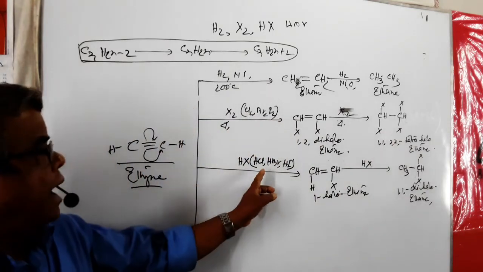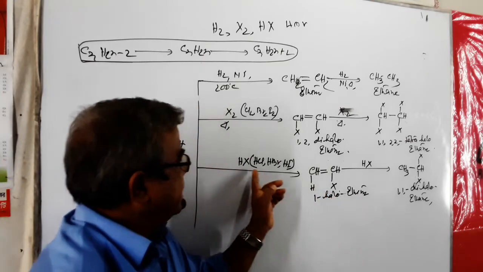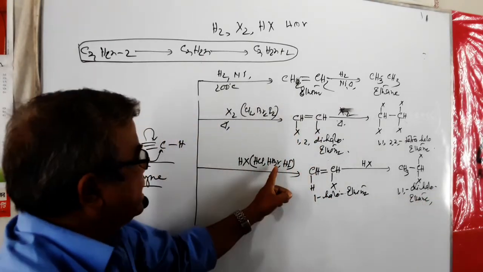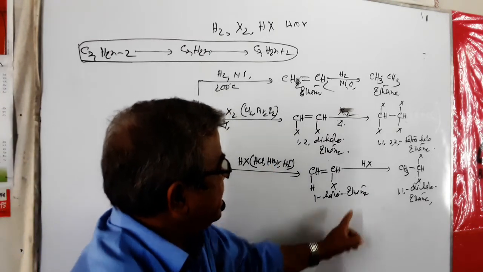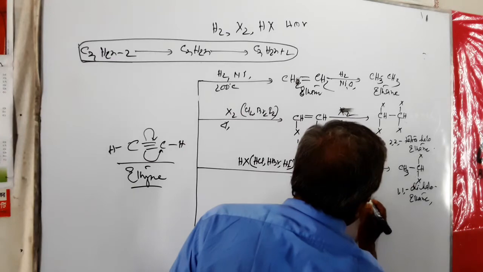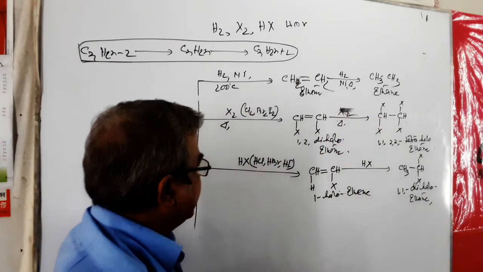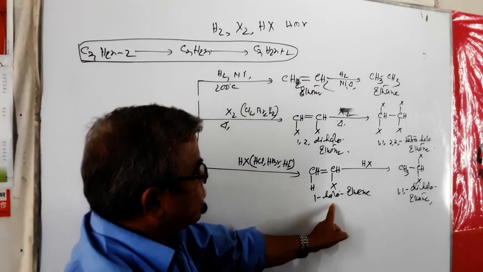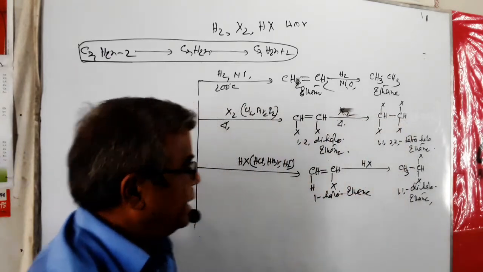If it is hydrochloric acid, then it will be 1-chloroethene and 1,1-dichloroethane. If it is hydrobromic acid, then it will be 1-bromoethene and 1,1-dibromoethane. If it is hydroiodic acid, then it will be 1-iodoethene and 1,1-diiodoethane.